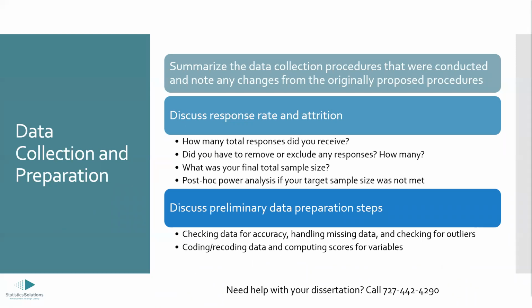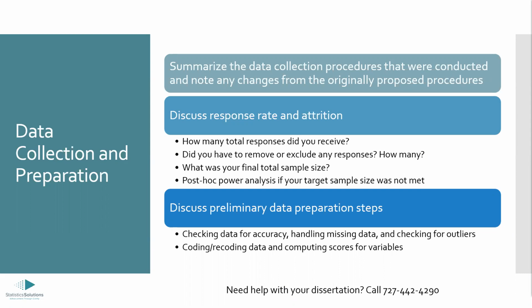You'll also want to go into detail about how you're handling missing data. So it's very likely that you're going to have participants or cases that have some missing data, and you'll need a plan for how you're going to deal with that. So are you going to just exclude all participants if they have any missing data at all and only include people that have 100% complete responses?